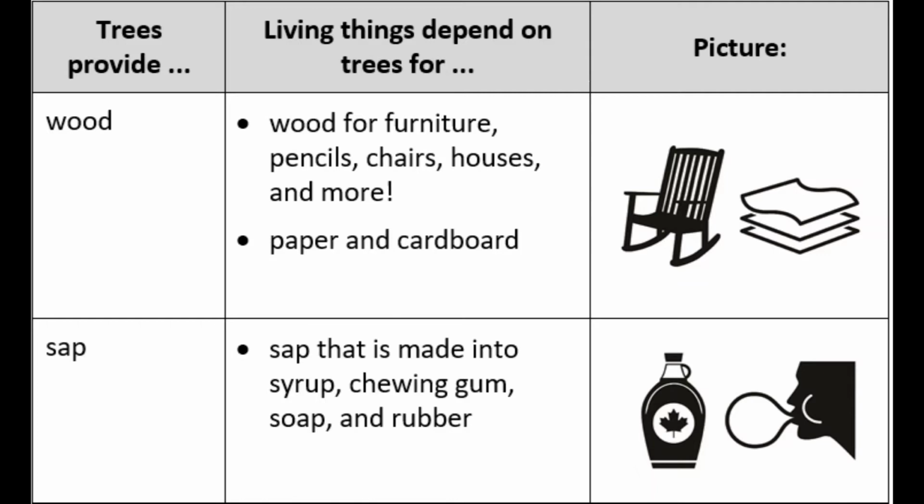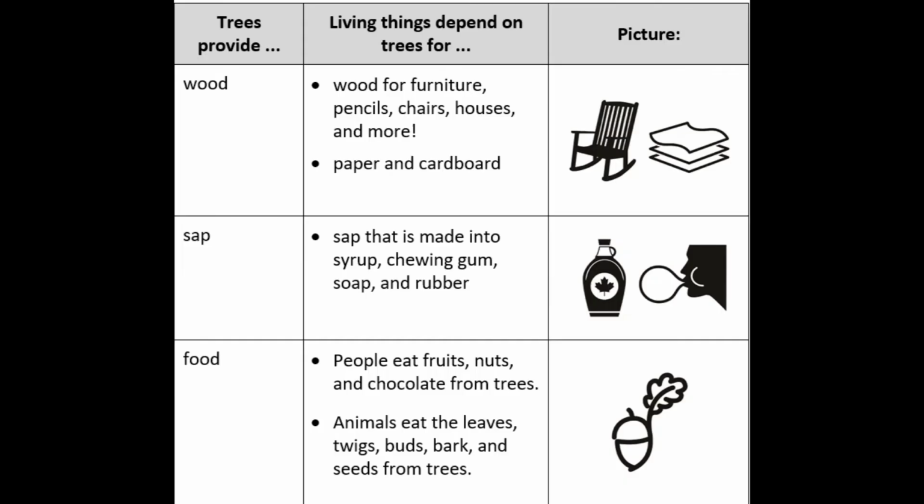So I've put the word sap, I've put what the living things depend on the trees for, and I put a picture of some maple syrup and somebody blowing a bubble with some gum to help us remember what the living things depend on the tree to make sap for.